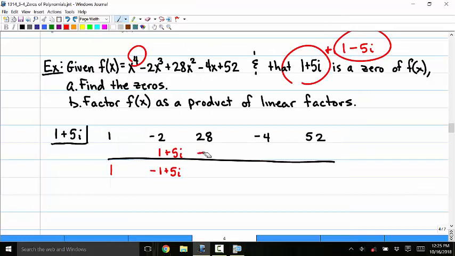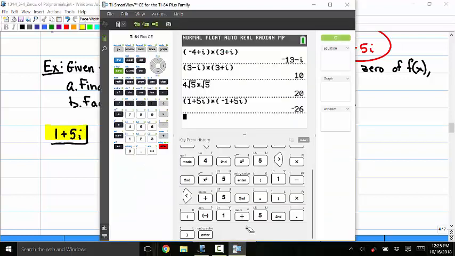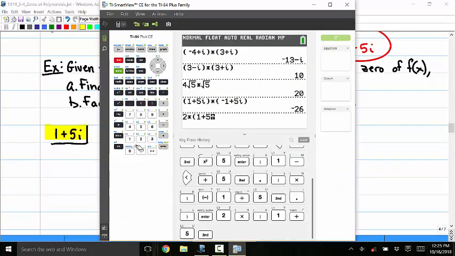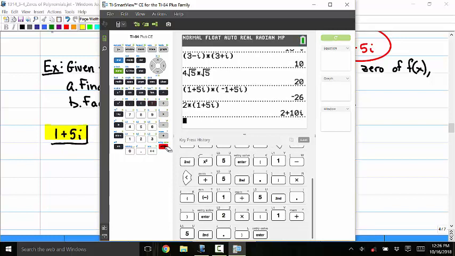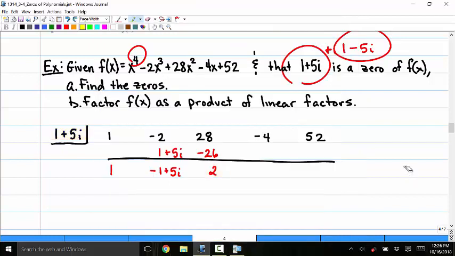That goes here. 28 plus negative 26 is 2. Now I need to do 2 times 1 plus 5i, which is 2 plus 10i. Negative 4 plus 2 plus 10i is negative 2 plus 10i.